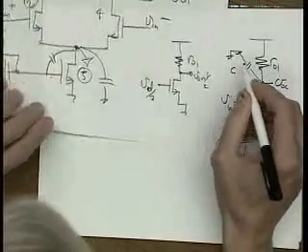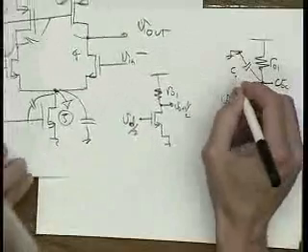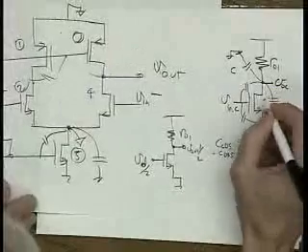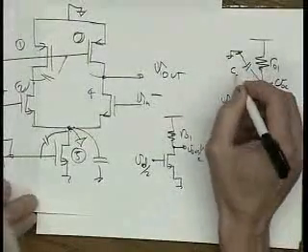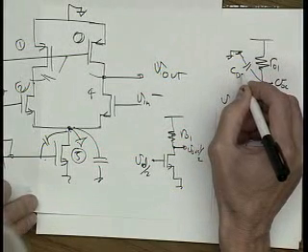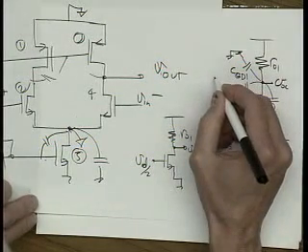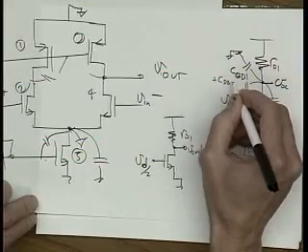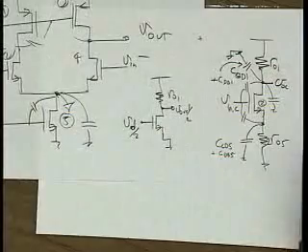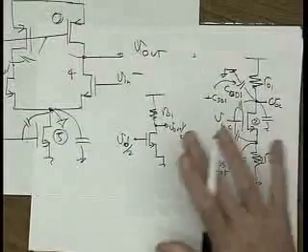Let's call this transistor 1 up here and this one 2. So this is CGD1 plus CDB1, that's this capacitor right here, and here's the capacitor associated with transistor 2. Okay, so that's all the stuff.